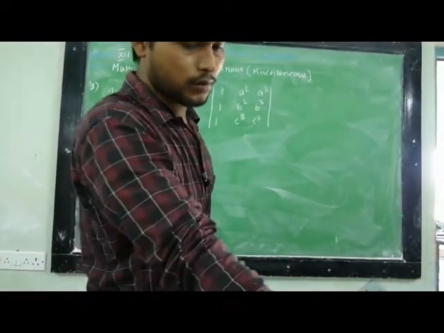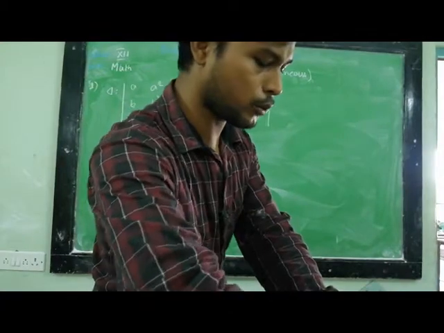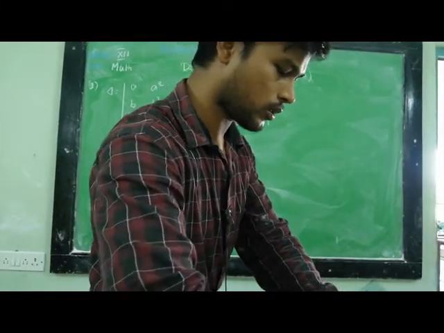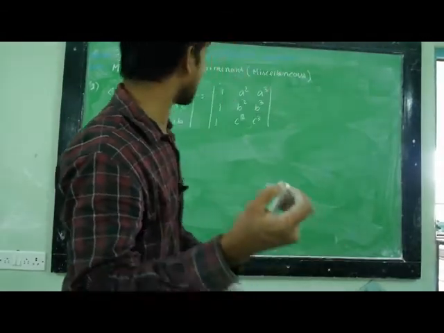Means we have to prove that the determinant with rows a square, bc; b square, ac; c square, ab is equal to this one. We have to prove that the given determinant is equal to this. Now see how to do it.